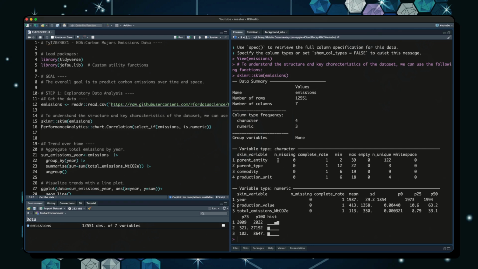In the character type variables here, we can see that there is no missing information, which is a gift, because in real life data, finding a way to deal with missing observations can be a really long and hard journey.